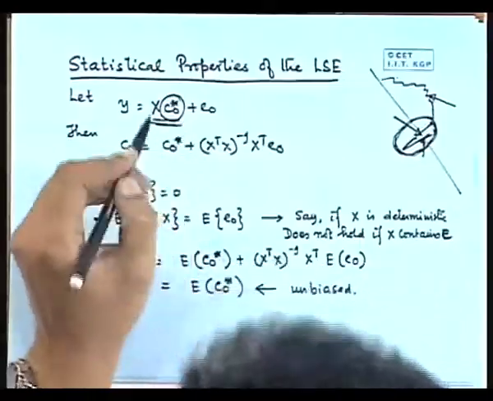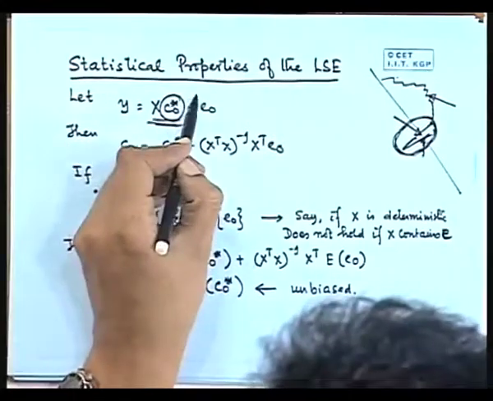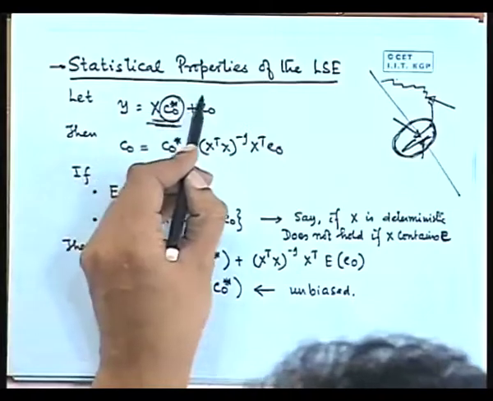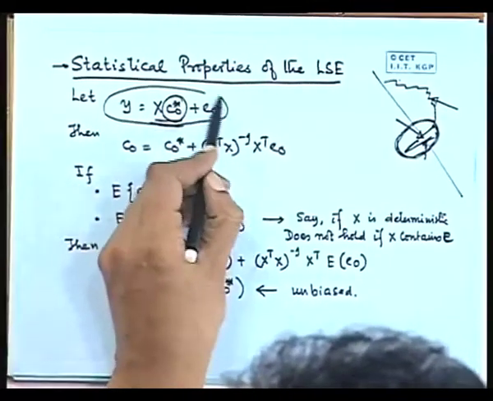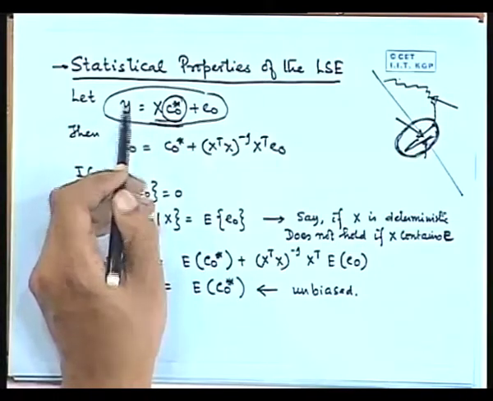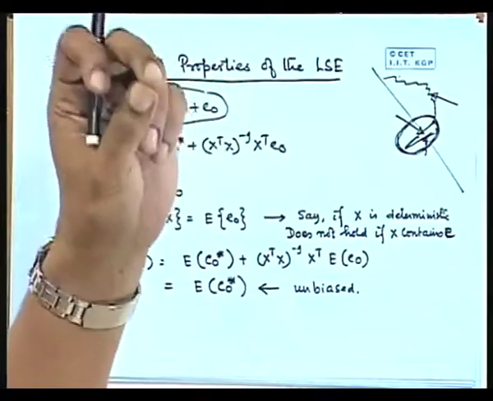What I am saying is that if you want to know the statistical properties, one obvious way of looking at it is that y, not y hat, is the data which you want to match using your estimate.